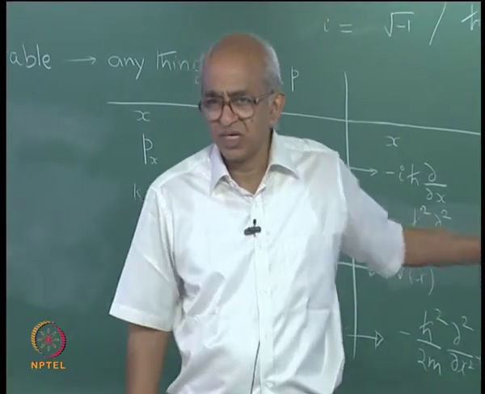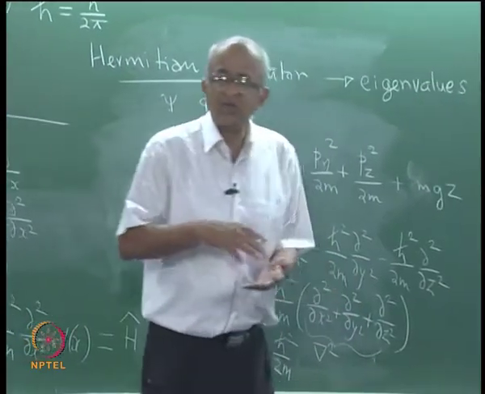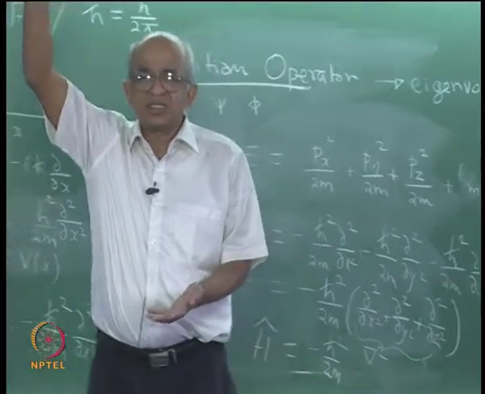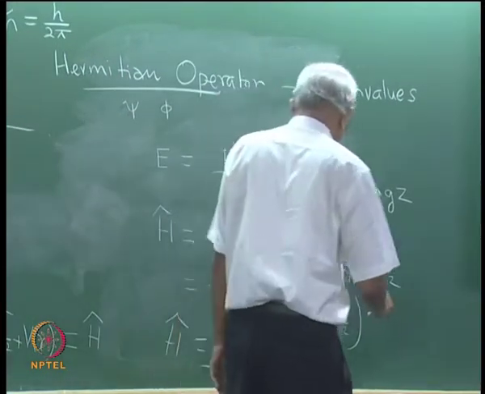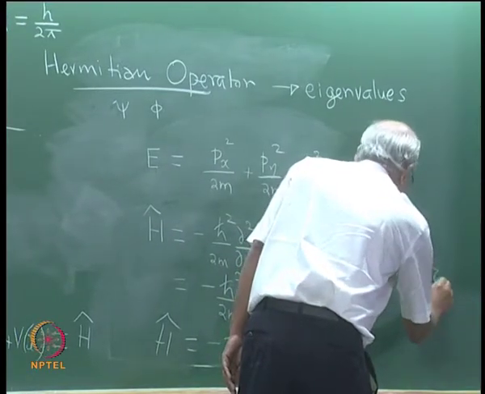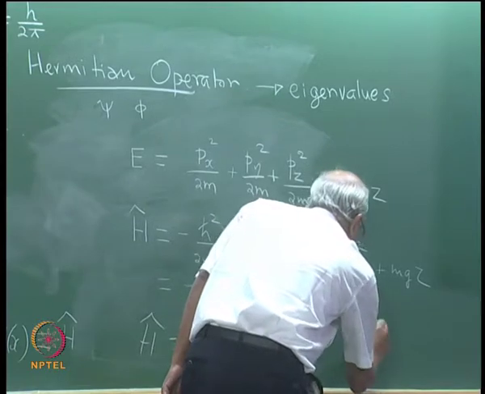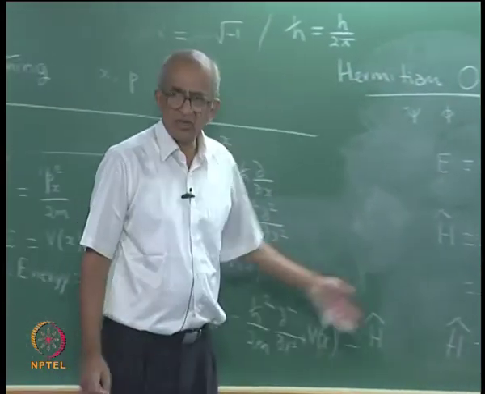In most of our atomic and molecular physics, gravitation does not play any role, because we do not cover that much distance or height in space. But if you wanted to include that, this will be the modification that you will have to do. That is just to illustrate the point.